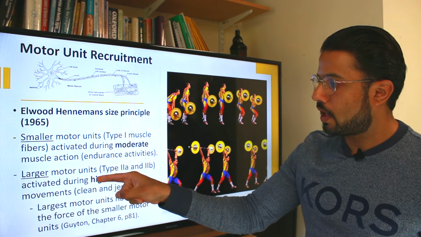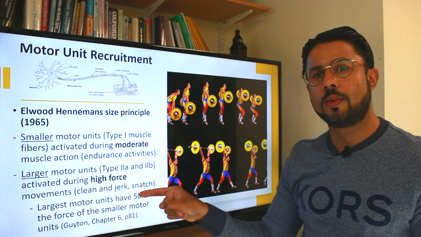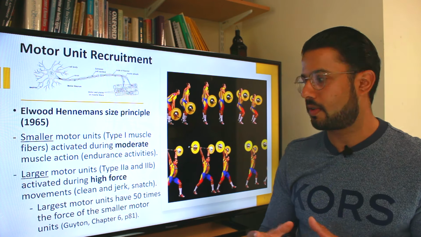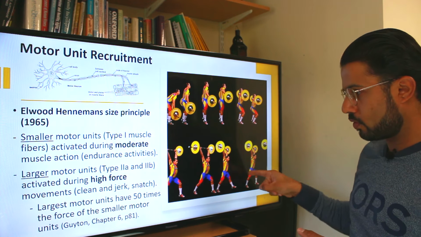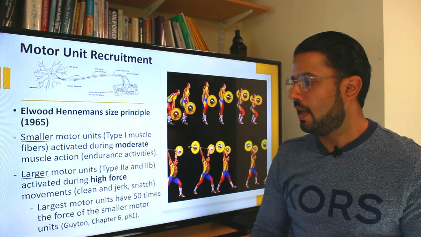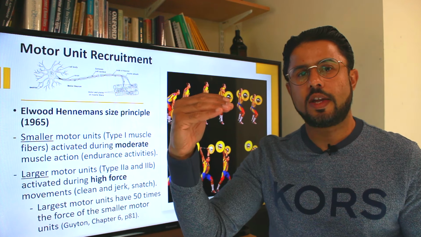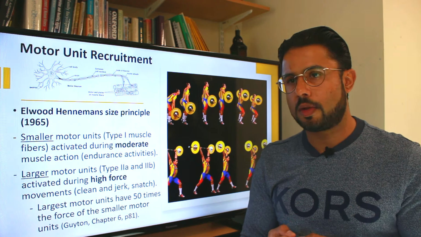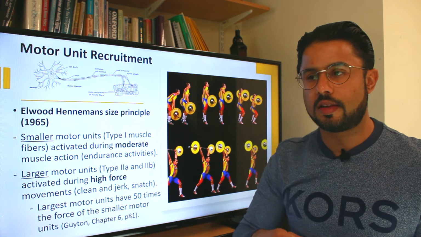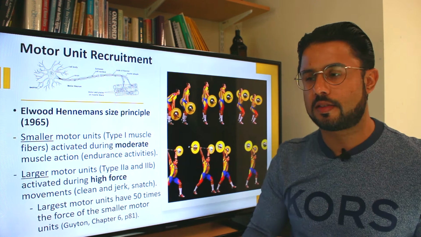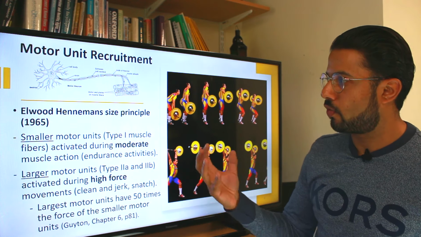Conversely, those larger motor units are found in your type 2A and type 2B fibers. These are the fibers involved in the muscle contractions that we can see here. Now these have a higher threshold for activation, which is good because it means that if I'm brushing my teeth, I'm not going to be doing this, or if I'm standing here talking, I'm not going to be tense. I'm not using those muscles that are producing greater force.